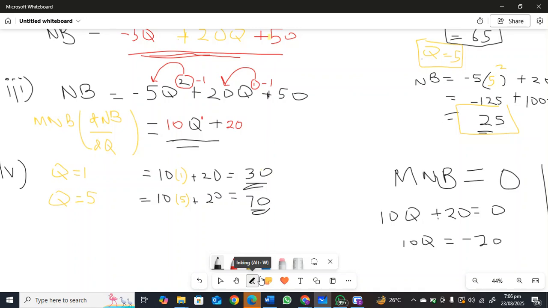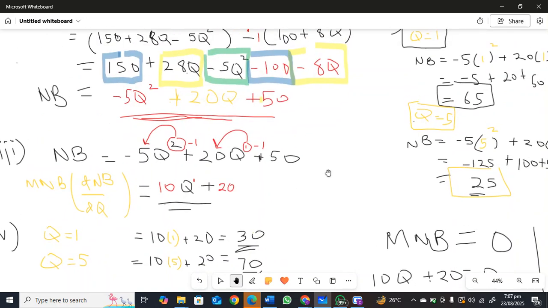And we divide both sides. Let me check on our net benefit equation here. 20 was positive. Oh, this is -2 times -5, that's -10.